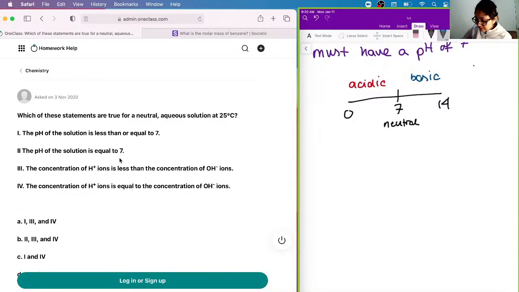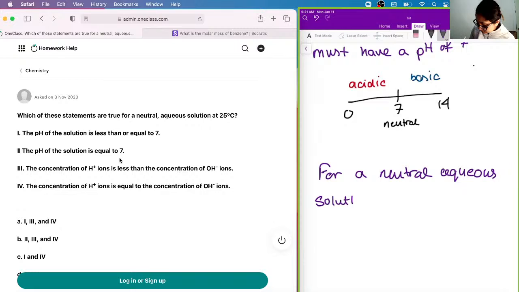So we can say another statement is that for a neutral aqueous solution, the concentration of your hydrogen ions and hydroxide ions must be equal.